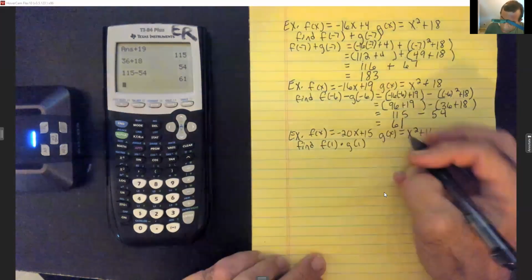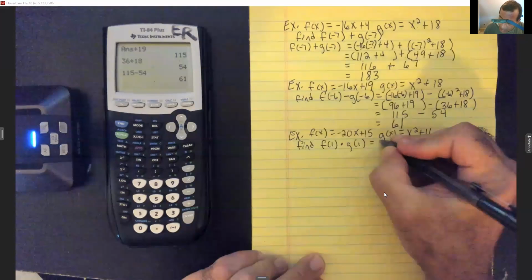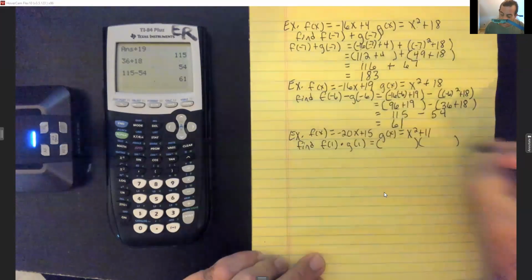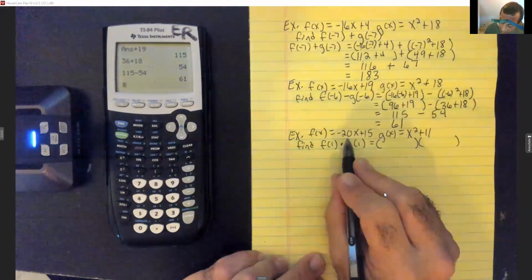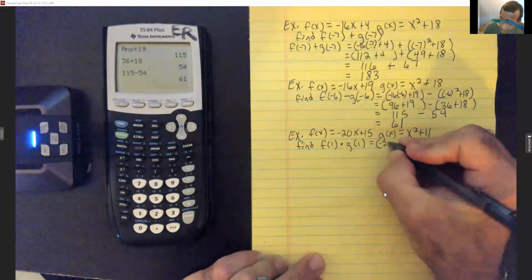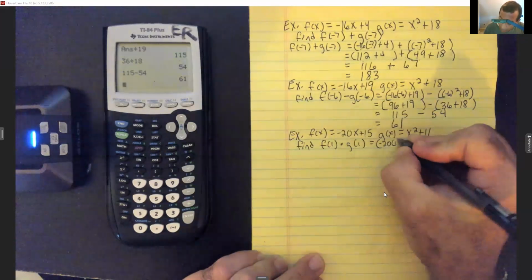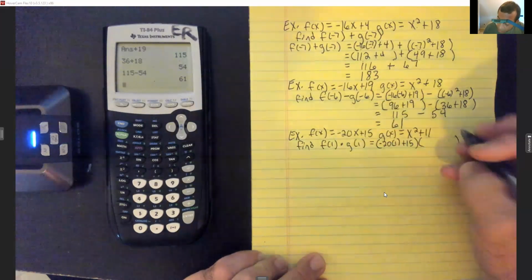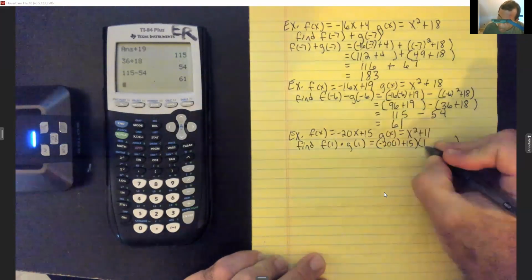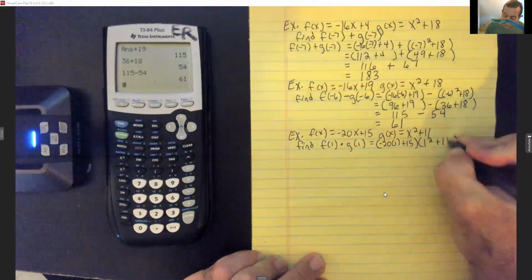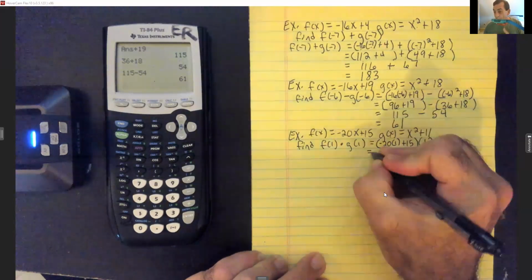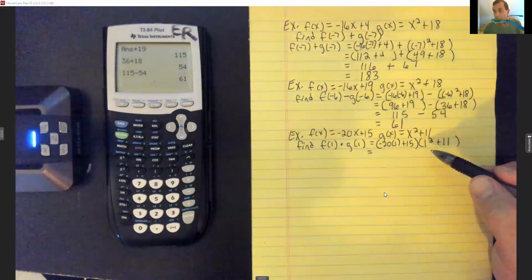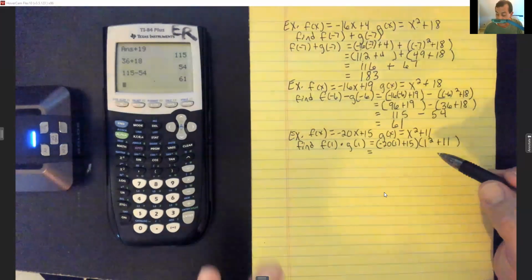All right, so since these are multiplying and I put my parentheses, I don't need to put the dot. So f of 1 will be the f of x, negative 20, in place of the x, we put a 1 and then bring down the plus 15. Over here, since 1's positive, I'm just going to write 1 squared plus 11. So I don't really use parentheses around positive numbers, but I definitely do around negative numbers, okay?